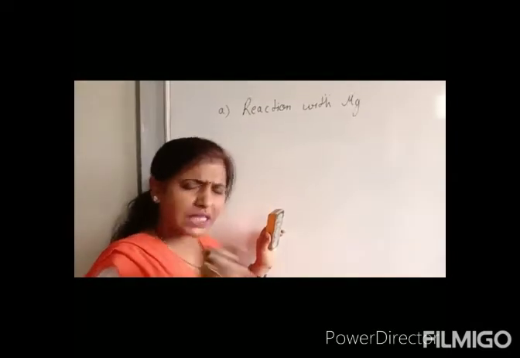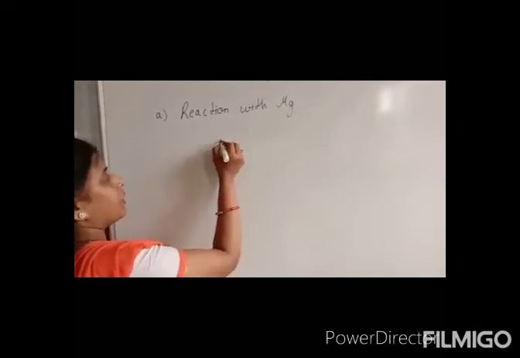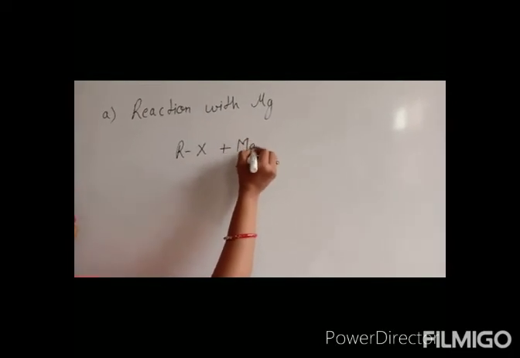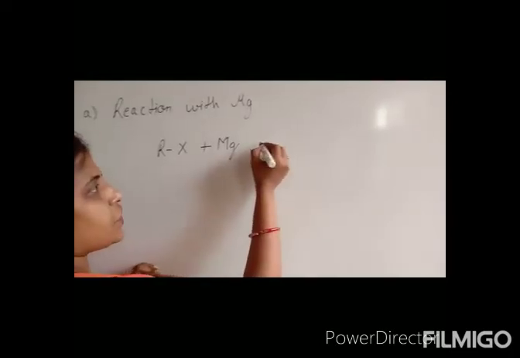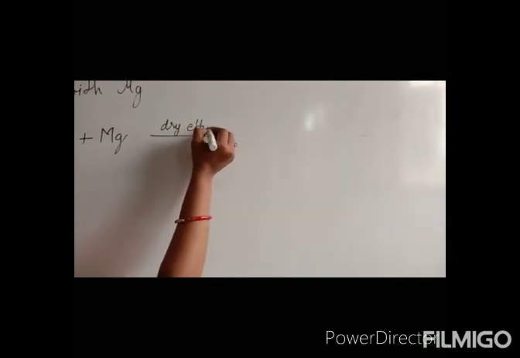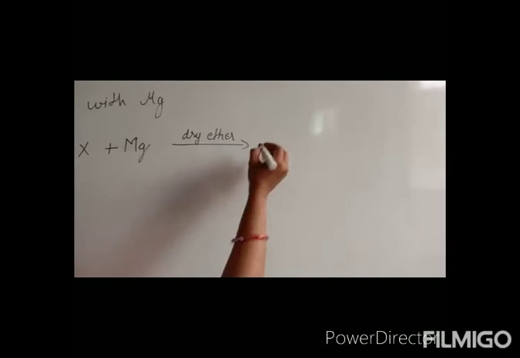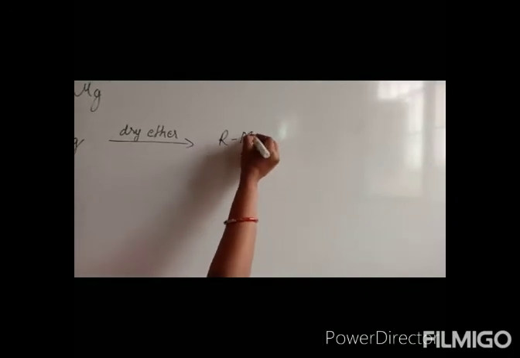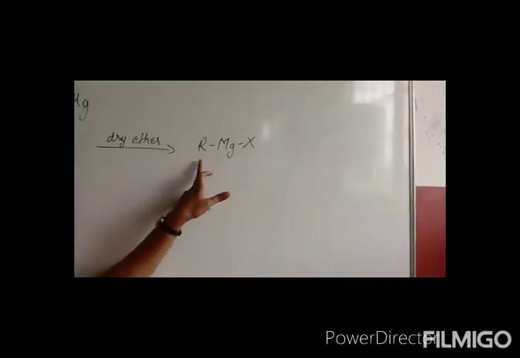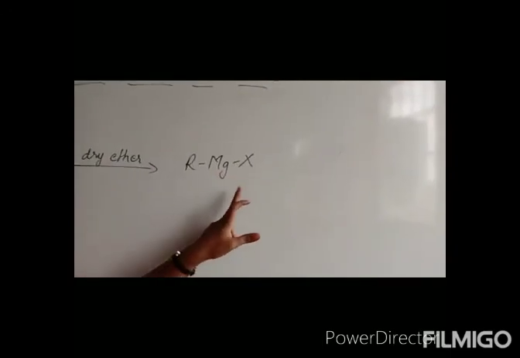Reaction with magnesium. Very simple reaction where I have my alkyl halide which is made to react with magnesium. The reaction is done in the presence of dry ether and we get RMgX, that is alkyl magnesium halide.